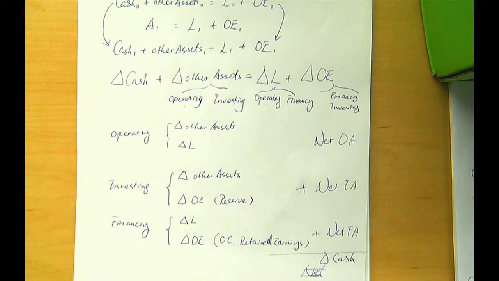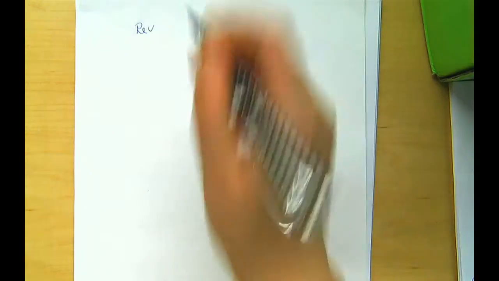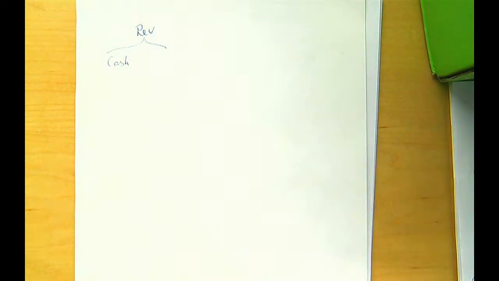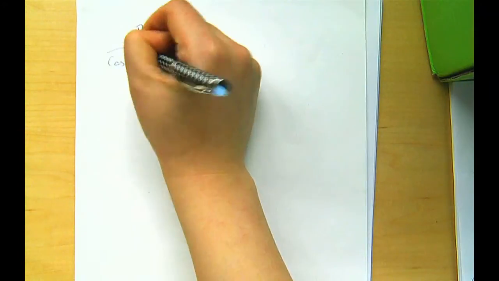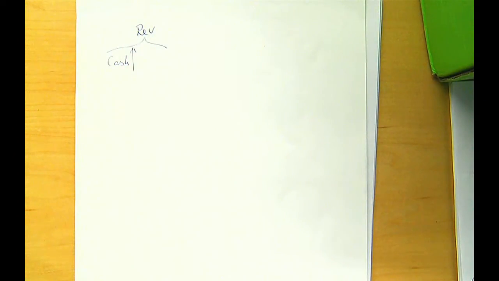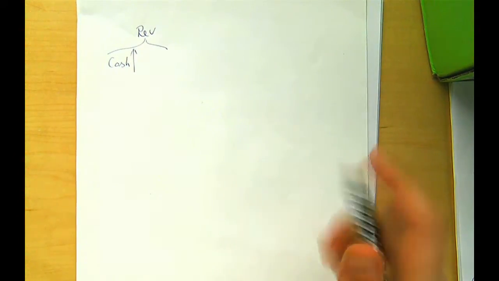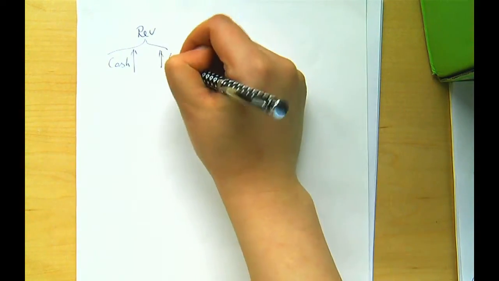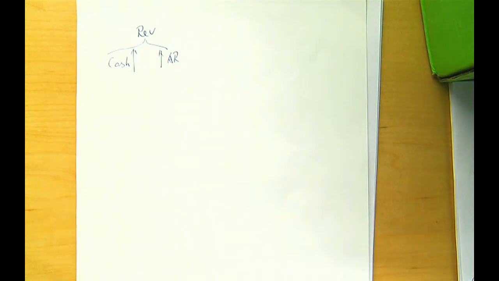Okay, so how are we going to deal with it? Remember, last week we talked about revenue, from this very simple example on Friday. So to realize revenue, we increase our cash position, right? And accounts receivable. If we didn't collect cash, we record it under accounts receivable.